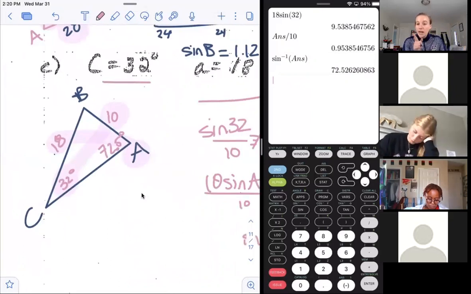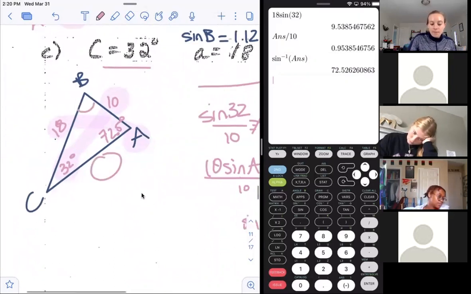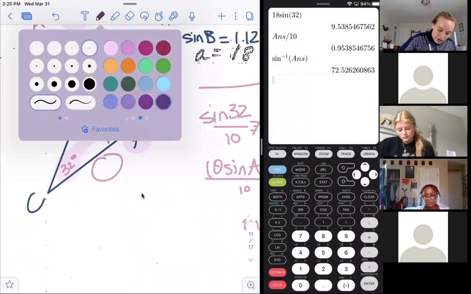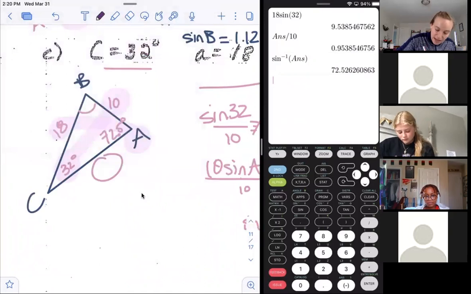Okay, what I have to check, I am going to have to finish solving this. I'm going to have to find angle B. I'm going to have to find little b. But before I do that, I'm going to check and see if I could have a triangle that's not this cute acute one, but an obtuse triangle, something like this.